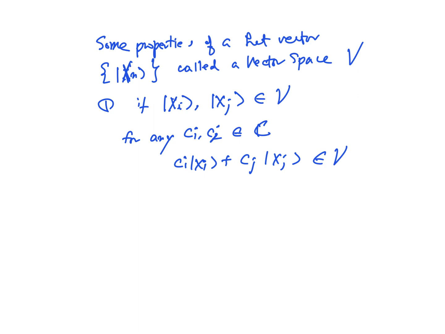It's called a vector space. Probably you have learned in your freshman calculus, right? So vector space is a set of ket vectors, and one of the properties is the sum of the ket vectors belongs to the same vector space. This is called a superposition.